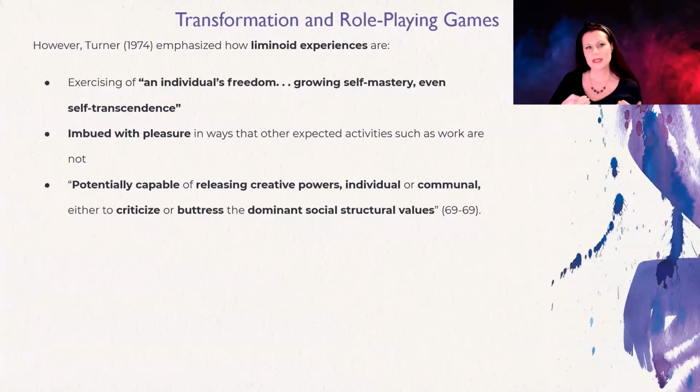And he says that they are potentially capable of releasing creative powers, individual or communal, either to criticize or buttress the dominant social structural values. Now, this is extremely interesting because he's speaking directly to this power of transformation in these liminoid experiences, but he's speaking about how they can be used either to criticize or even to try to change, or to buttress, meaning to hold up the dominant value system.